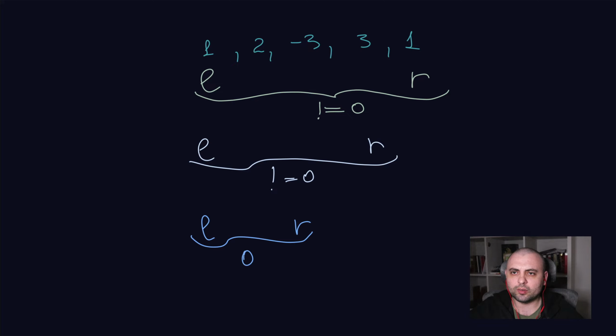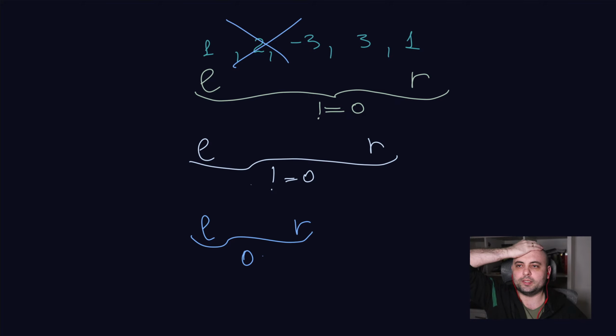But this needs to be called recursively, I guess. So this one, it is 0. So this means we will remove, starting from our vector, starting position left till position right, and we will be remaining with the 3, 1.